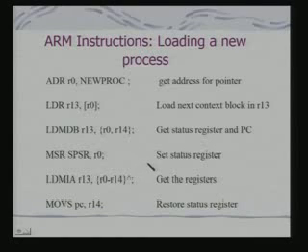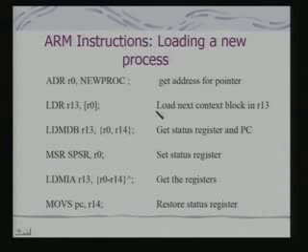Then you load the SPSR from R0. Then you load the registers, and then move R14. Basically the current PC would be the value from the link register, and so your new process gets ready for execution. So this is just a sequence of code for loading a new process.